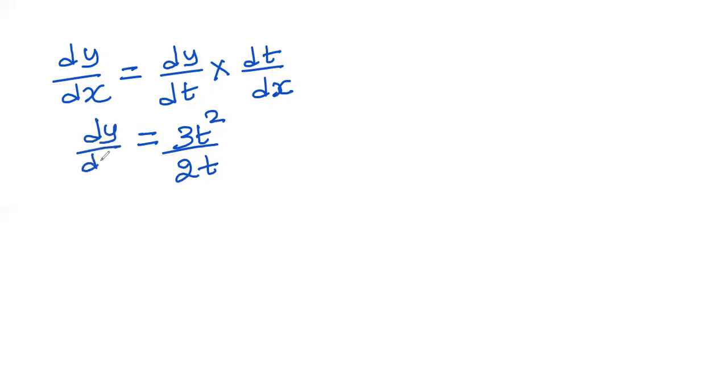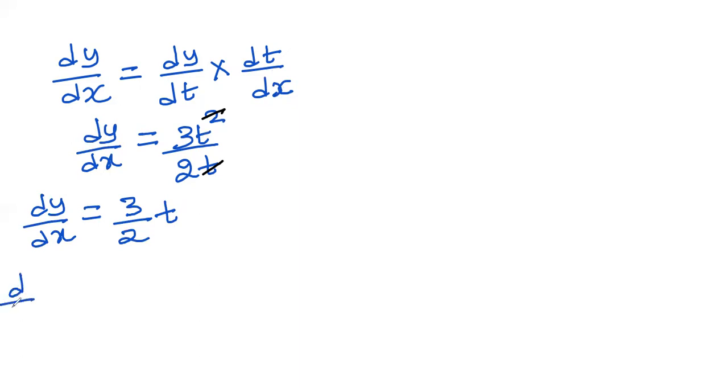So dy over dx will be, we have t and t getting cancelled over here, that is t squared and t, and hence we have dy over dx is equal to 3t over 2. So this is single derivative. What we have to find is the second derivative.